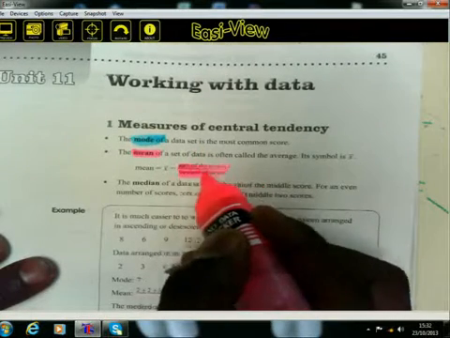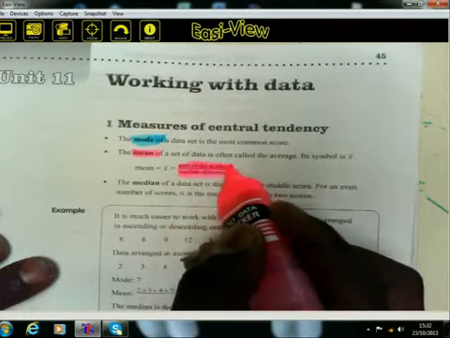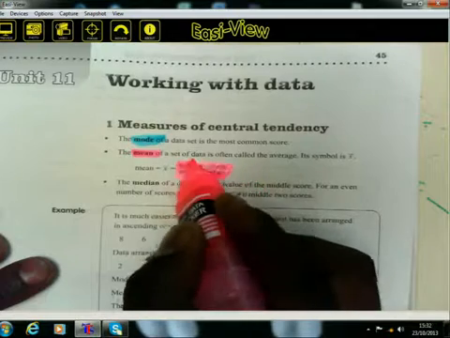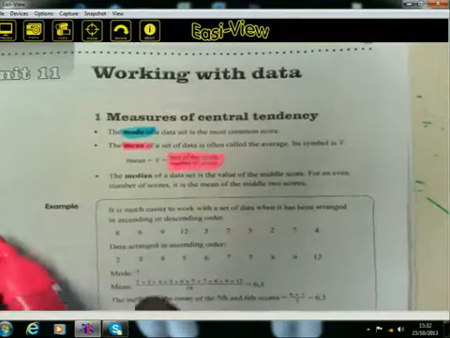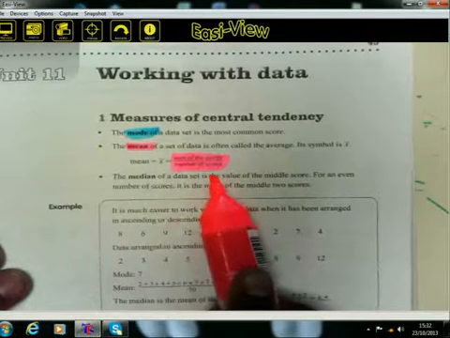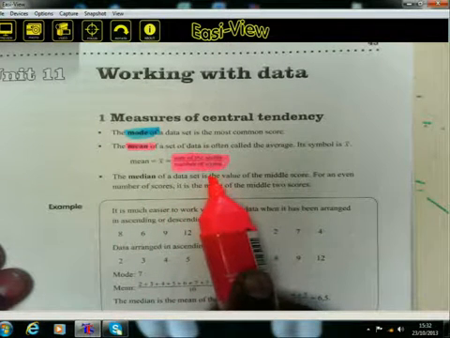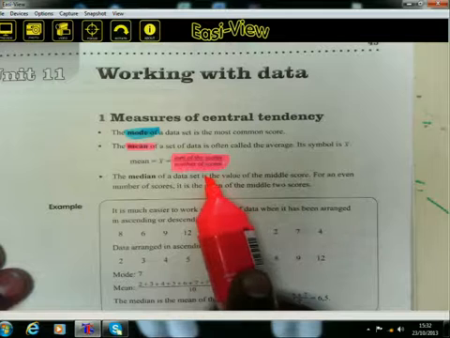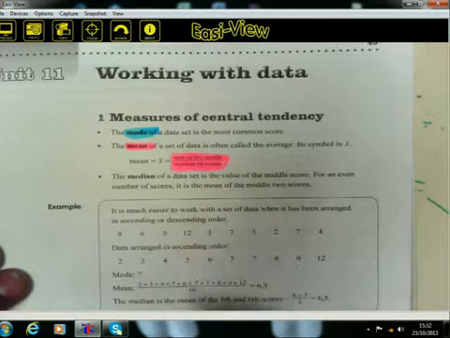What is important here is the sum. You check how many scores you have, and then you divide by that number.